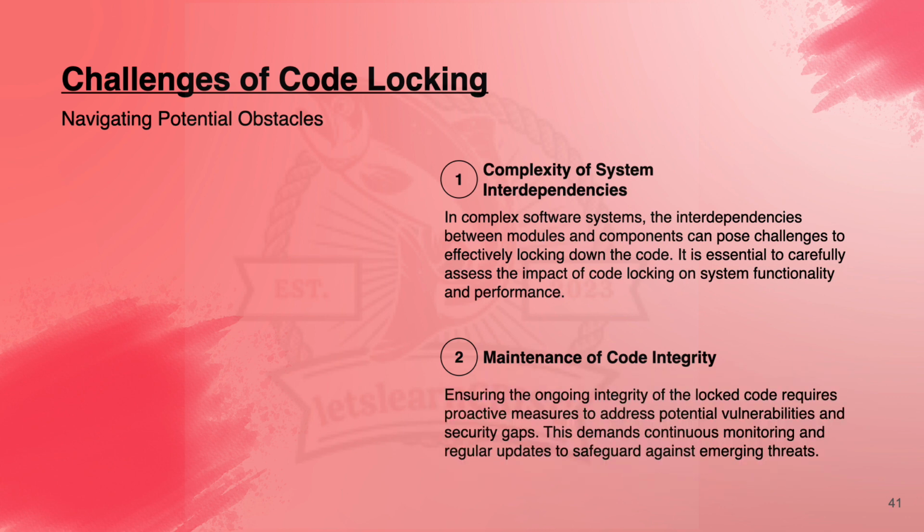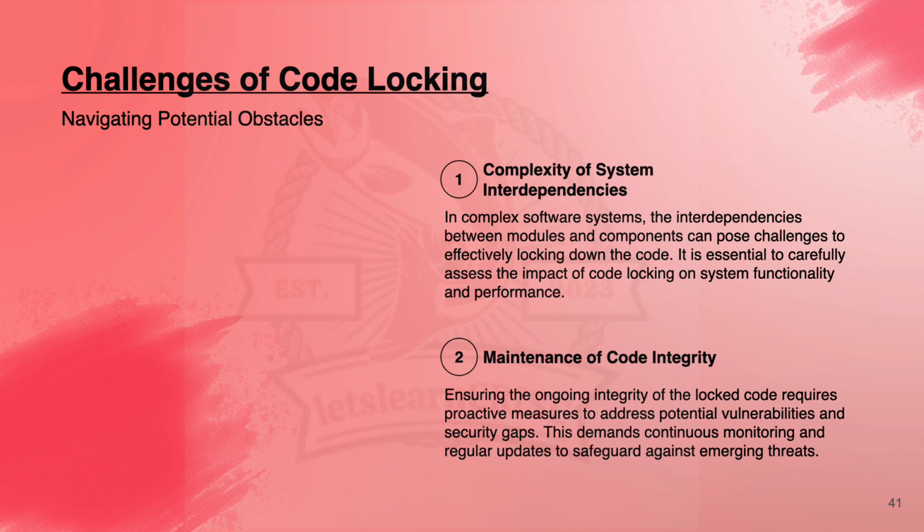So friends, code locking is a critical process in software development to secure the source code and maintain its integrity, right? So it plays a vital role in ensuring the stability and security of software systems as they transition into the production environment. So friends, as technology continues to advance, the importance of code locking will only grow, right?